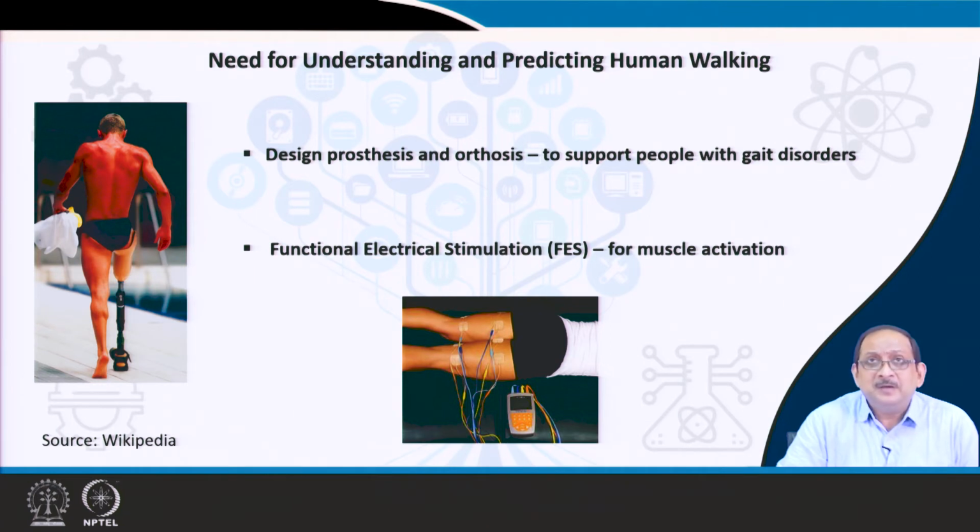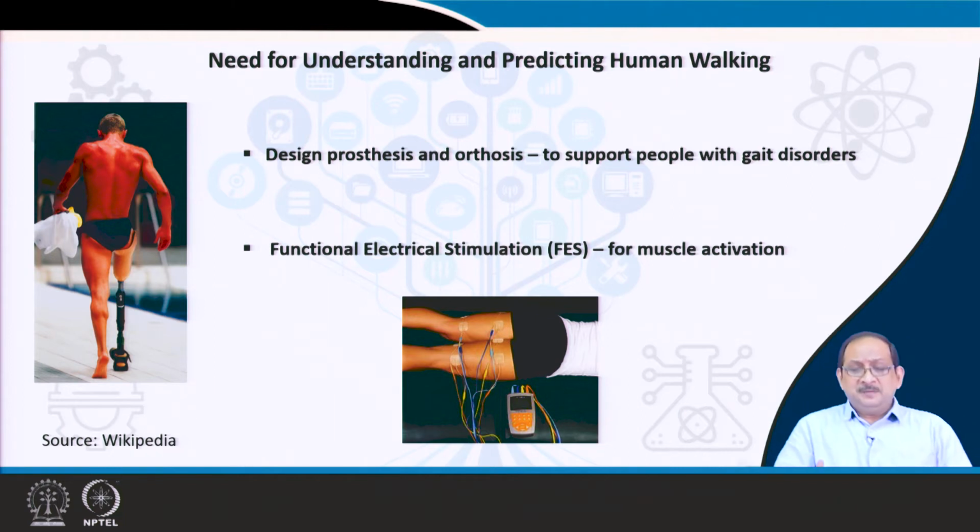The human gait cycle is useful for the design of prosthesis and orthosis, which is required to support people with gait disorders. It is also useful for patients who require functional electrical stimulation for muscle activation. So, for a paralyzed patient, for example, activation of muscle at the right moment and order can actually make a paralyzed patient walk again.